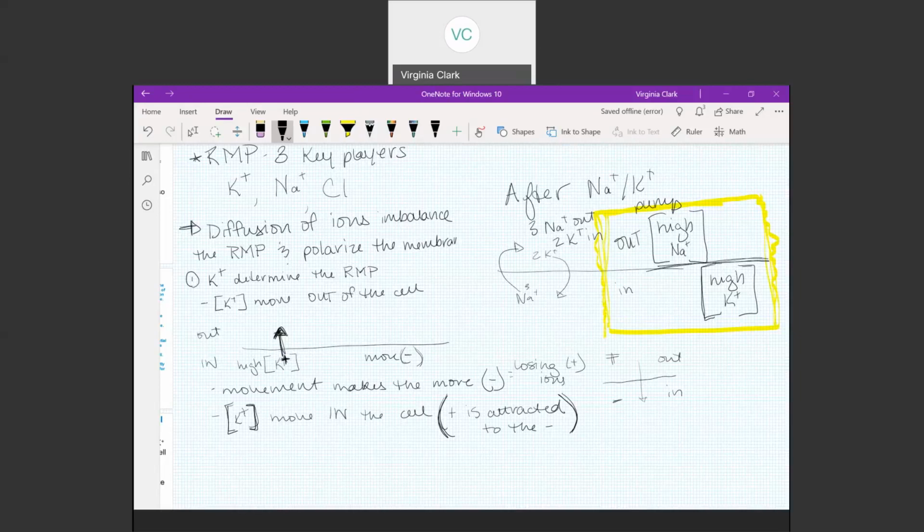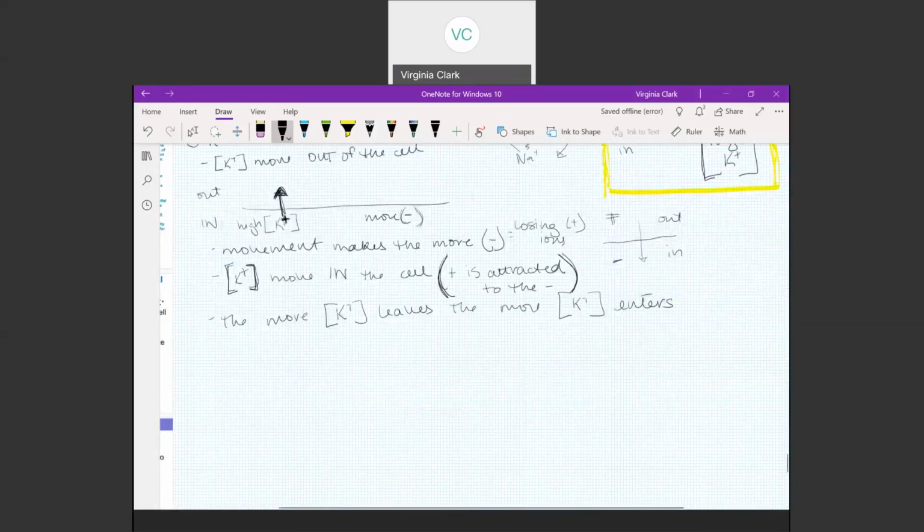So this keeps happening. The more potassium leaves, the more potassium enters.